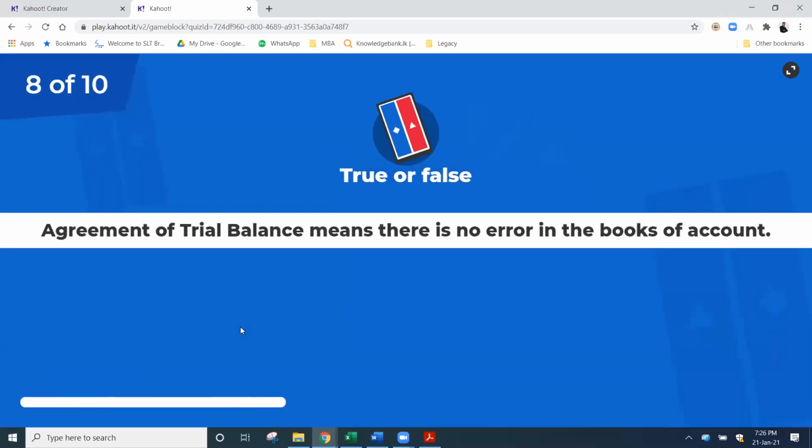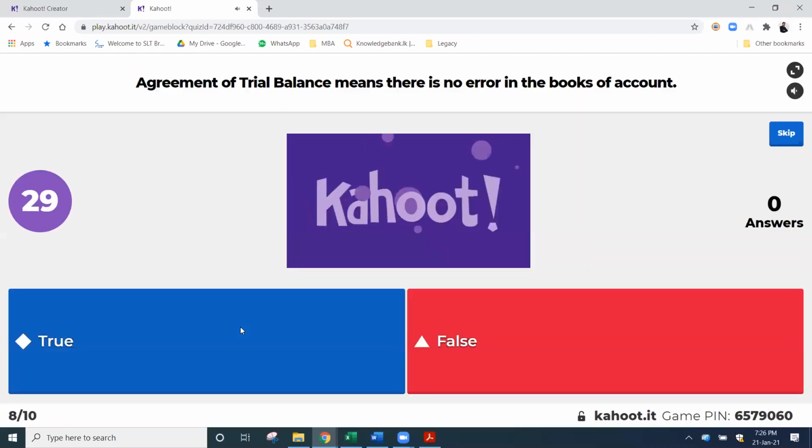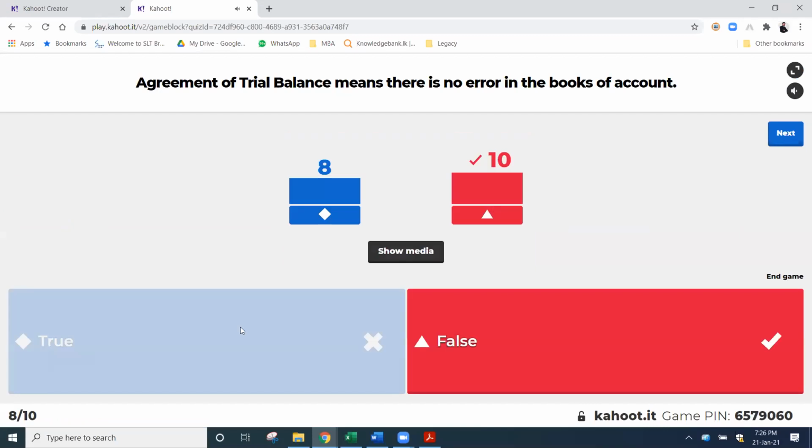True or false? Agreement of trial balance means there is no error in the books of accounts. Trial balance is agreeing, debit and credit are equal, means there is no error in the books of accounts. Is it true? It's false.